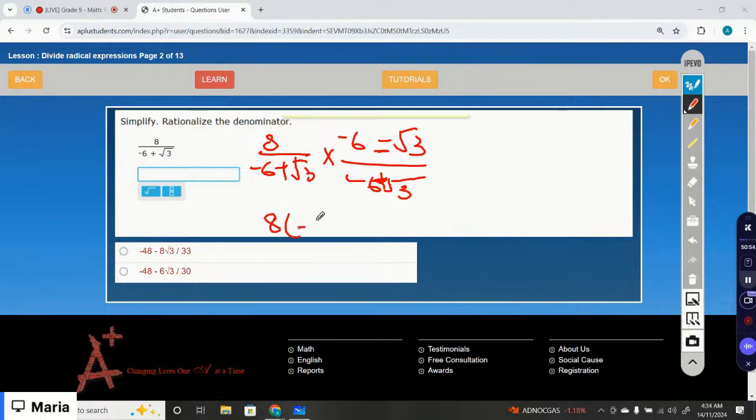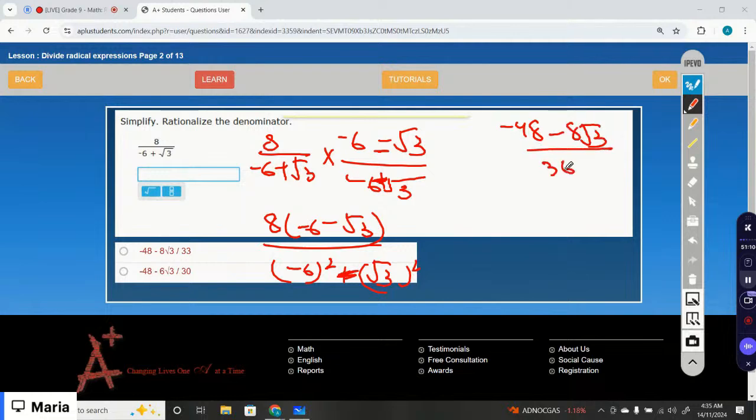That is 8 times negative 6 minus square root 3 divided by negative 6 squared minus square root 3 squared. That is 8 times 6 is negative 48 minus 8 square root 3, divided by 36 minus 3. So that is negative 48 minus 8 square root 3 divided by 33.